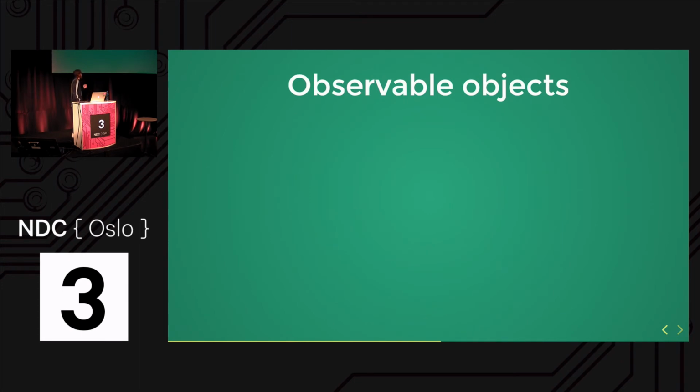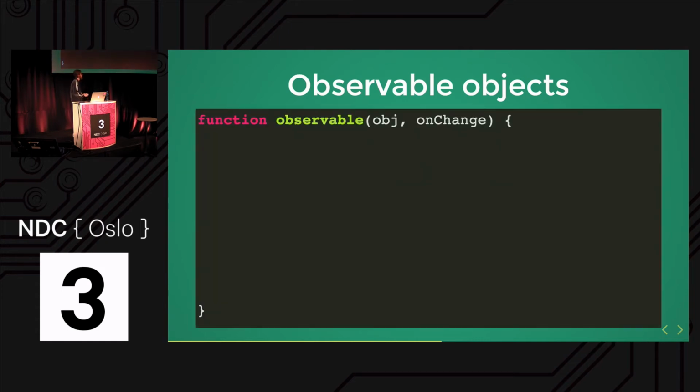And until recently, we used to have a specification for observables in JavaScript, which we don't anymore because that was revoked for various reasons. But with proxies, you could actually pretty easily make these observable objects yourself. So we could make a function here that makes an object observable. So it's a function that takes an object and then a function that's going to be called whenever something changes.